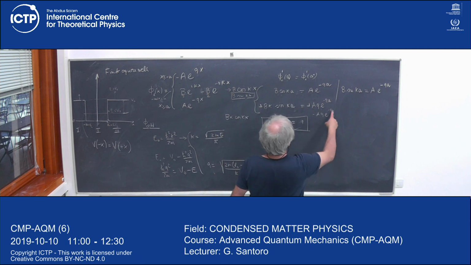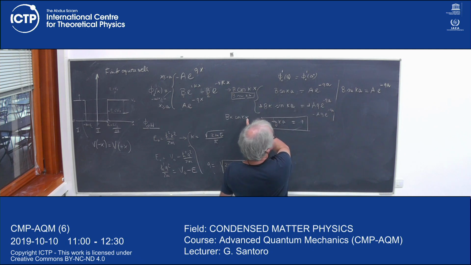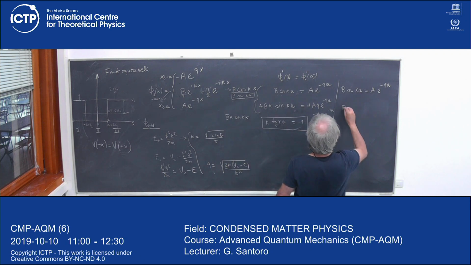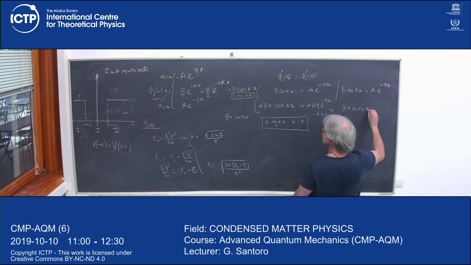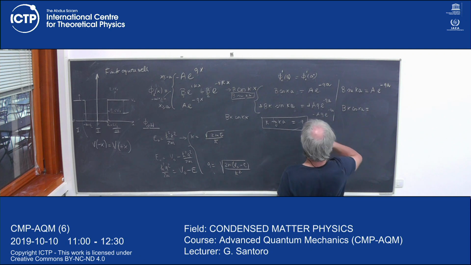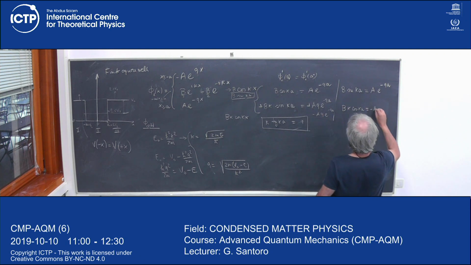I impose the continuity at x equal to a, and I get b k cosine of ka is equal to minus a q e to the minus qa. Okay?